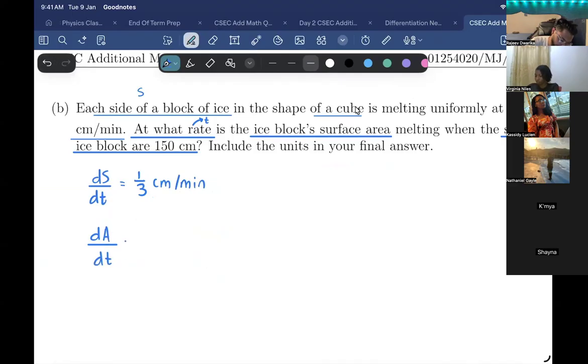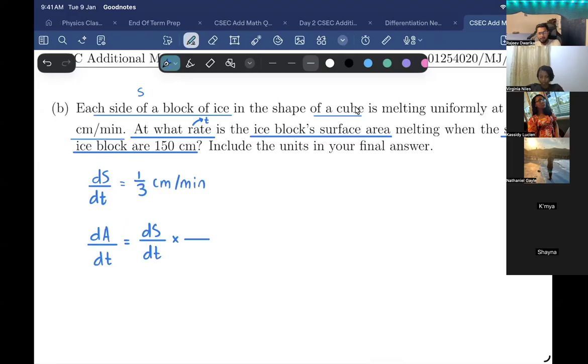In order for us to find dA over dt, we need to have something on the other side that would give us dA over dt. So we have ds over dt. We would need ds in the denominator of the other.